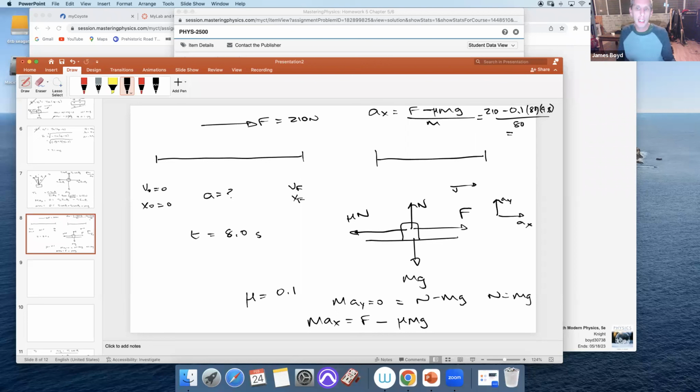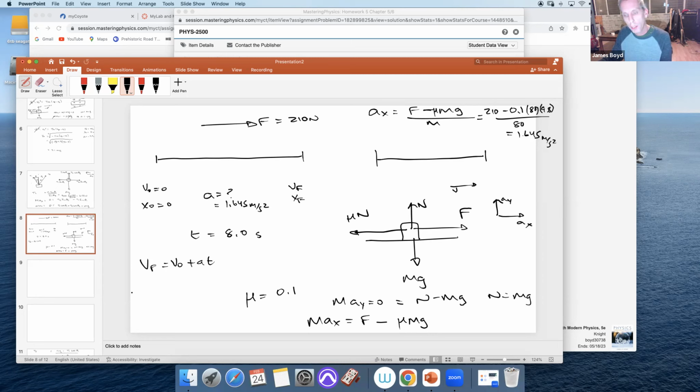So A is 1.645 meters per second squared. We don't have X final, so we're going to choose the time.